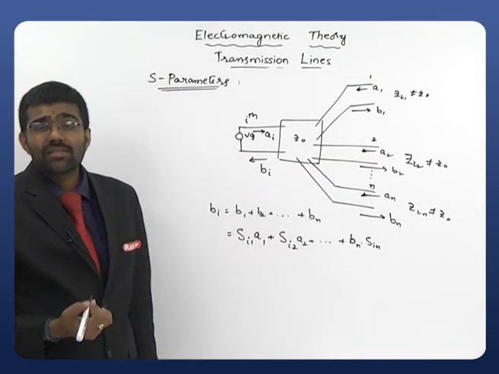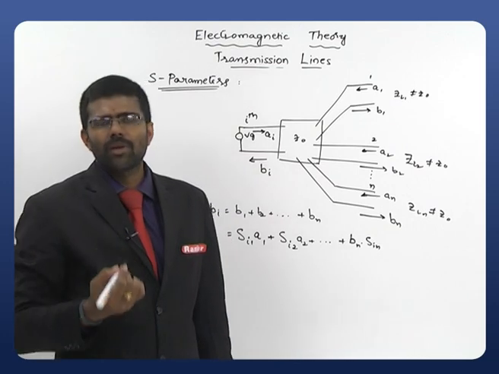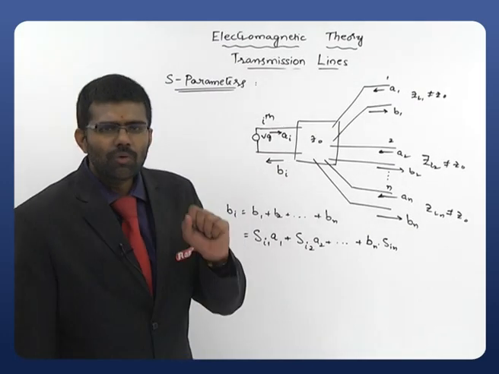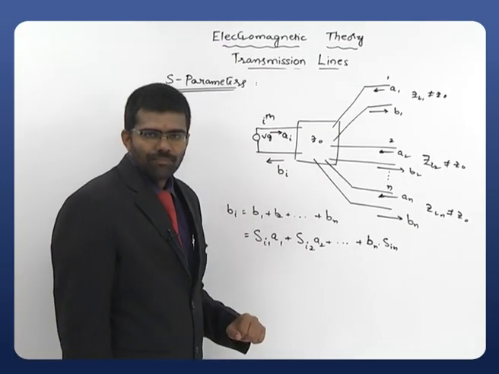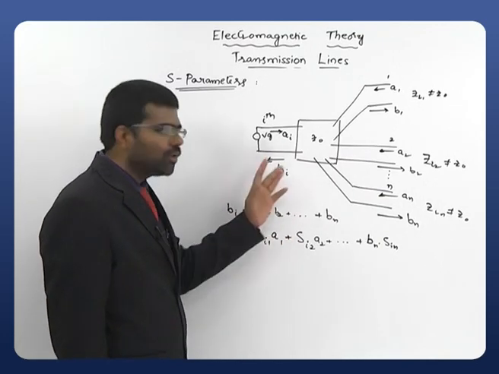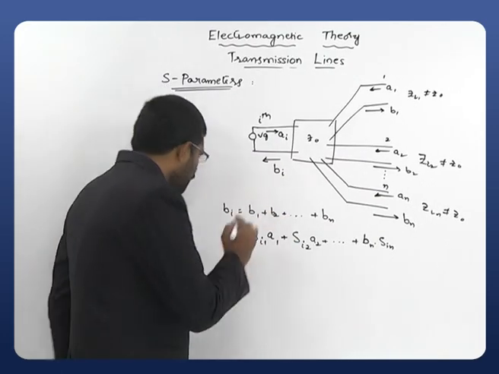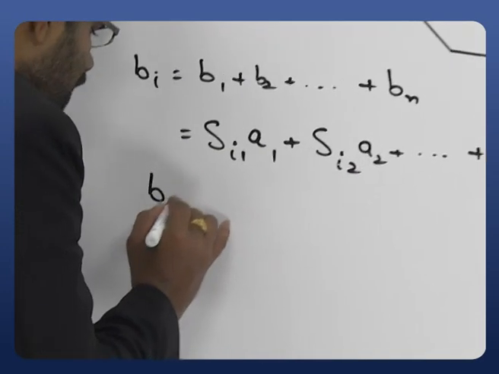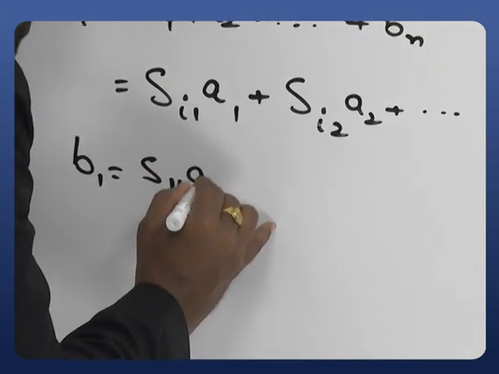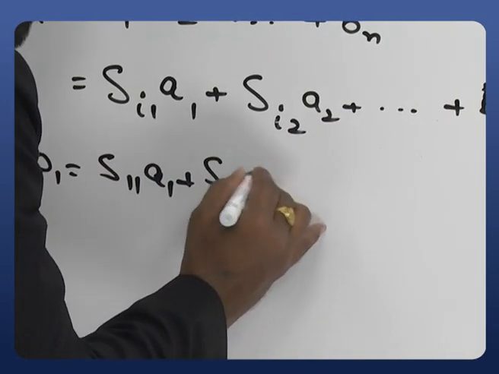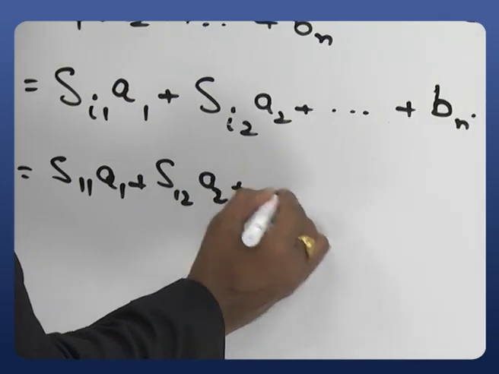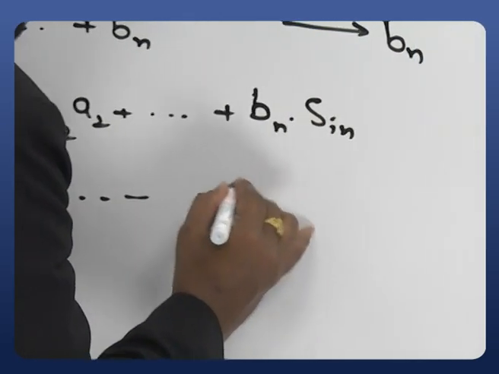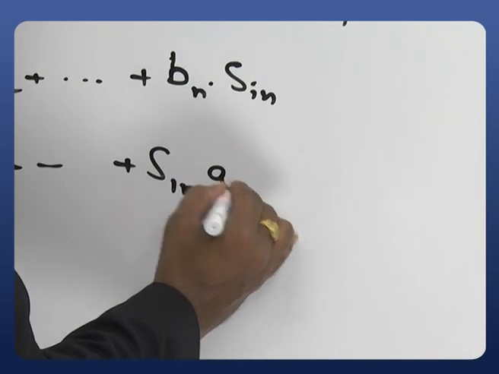Now you have to generalize this particular equation for different applications. By substituting i equals 1 to n, what will you get here? B1 is equal to S11 A1 plus S12 A2 and so on plus S1n An.